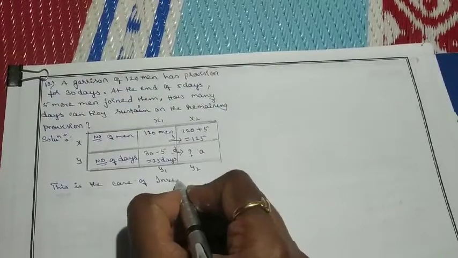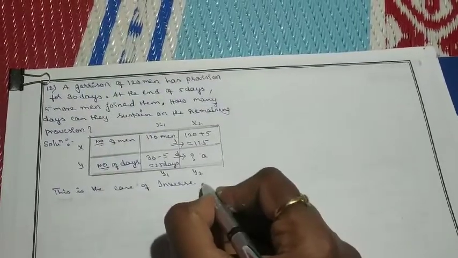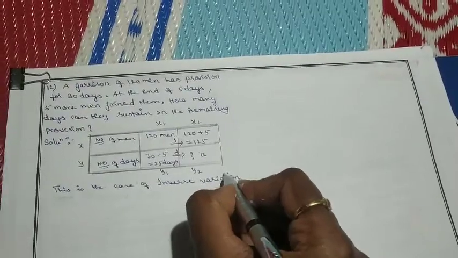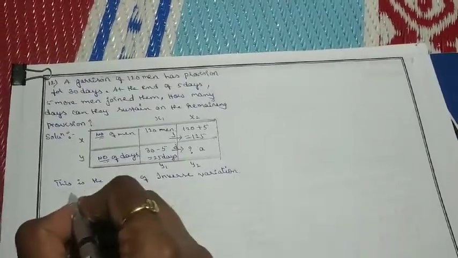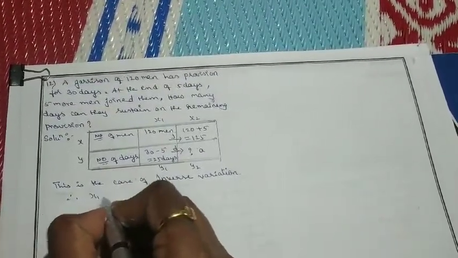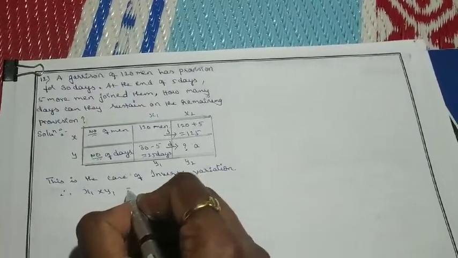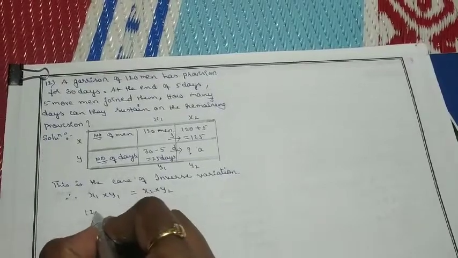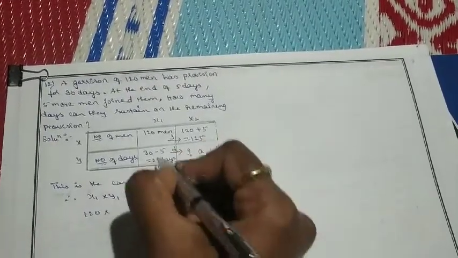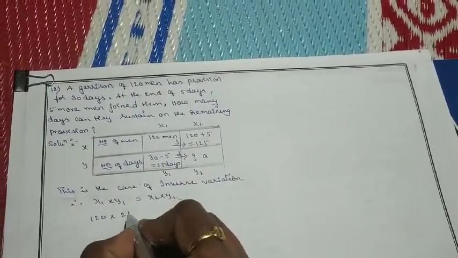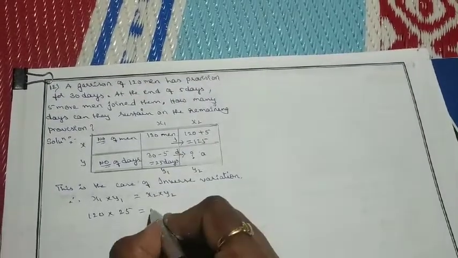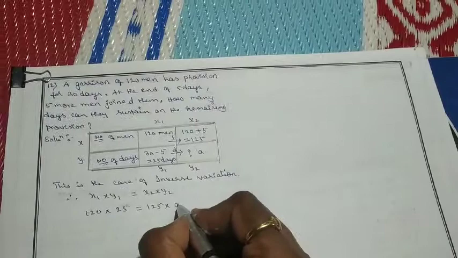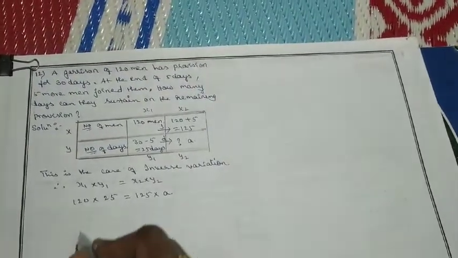This is the case of inverse variation. Therefore x1 into y1 equals x2 into y2. Then 120 into 25 equals, if 5 more men joined, how many days the provision lasts, that we need to find out.